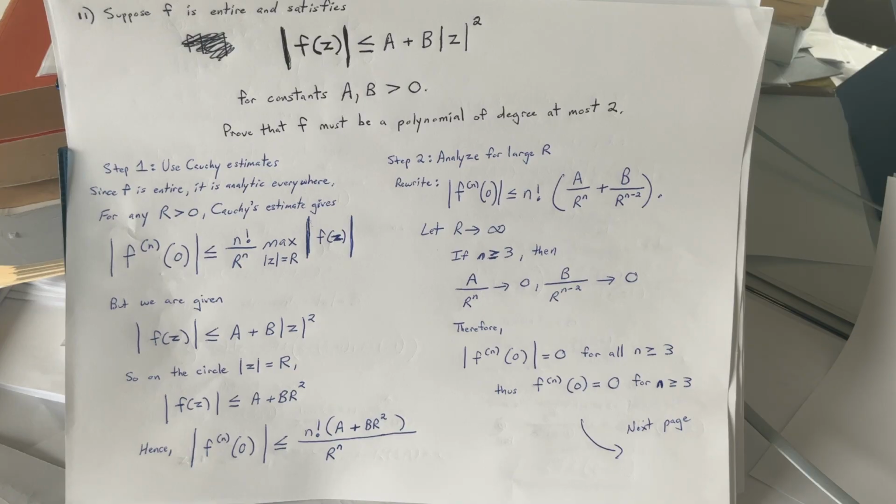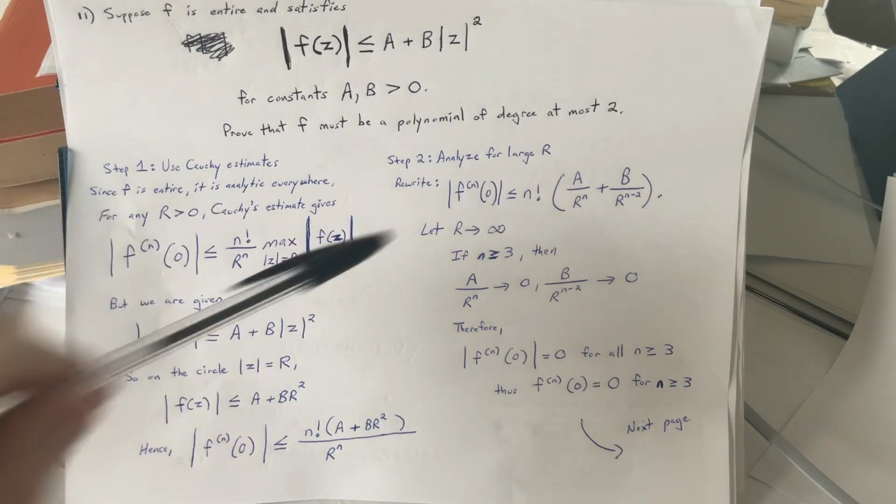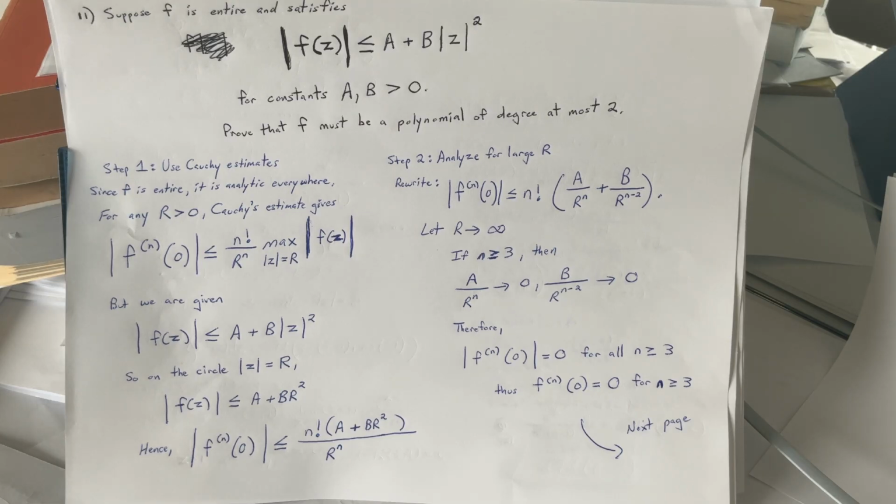Now for step 2, we want to analyze for large r. So we're going to rewrite this modulus of f to the n of 0 less than or equal to n factorial times the quantity a over r to the n plus b over r to the n minus 2.